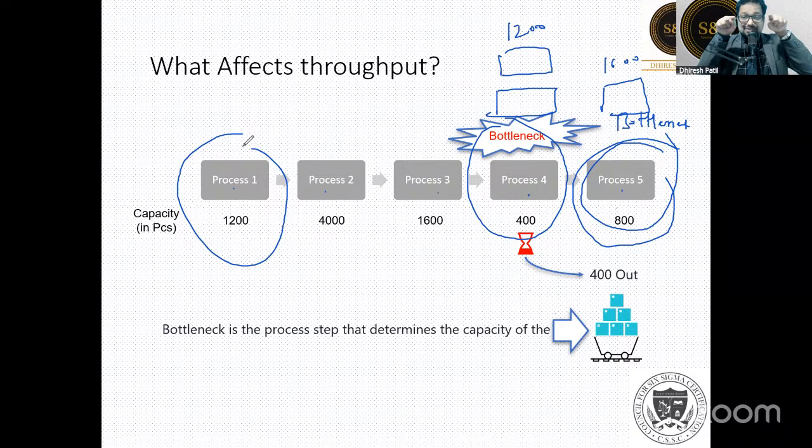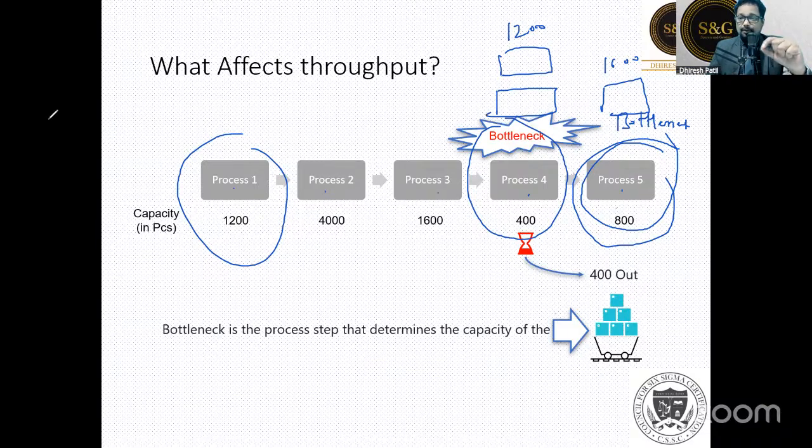But in the process, earlier you were making 400, then you started making 800, then you started making 1200, etc. Have you understood? You have increased your capacity multifold. And this is the theory of constraint. This is how TOC works.